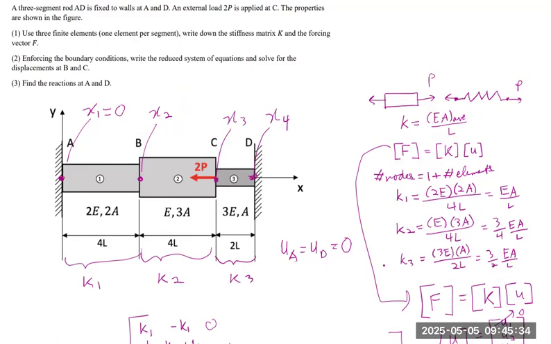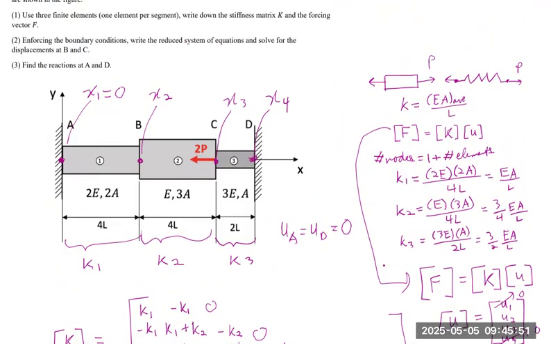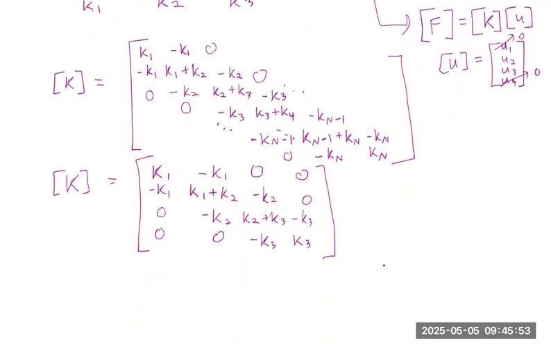Basically, the first row and first column and fourth row and fourth column of our stiffness matrix are useless for solving for these displacements, but they are going to be useful for solving for the reactions at A and D. But for question part two, we can thus cancel out the first row and first column and fourth row and fourth column of our matrix.